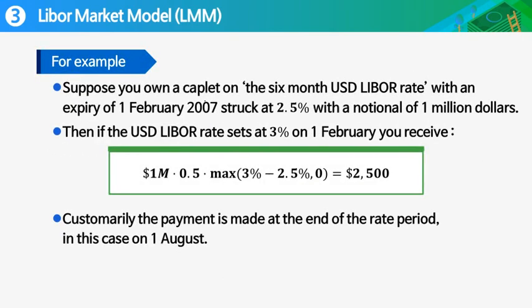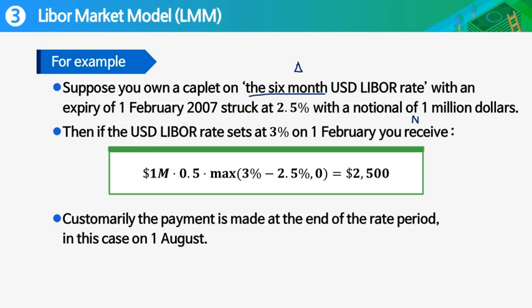Another example. Now suppose you own a caplet on 6 months. It is important that it is 6 months, so delta is 6 months. It is a 6 months USD Libor rate with an expiration date of 1st February 2007 and struck at 2.5%. So 2.5% is the strike rate, with a notional value N of $1 million.